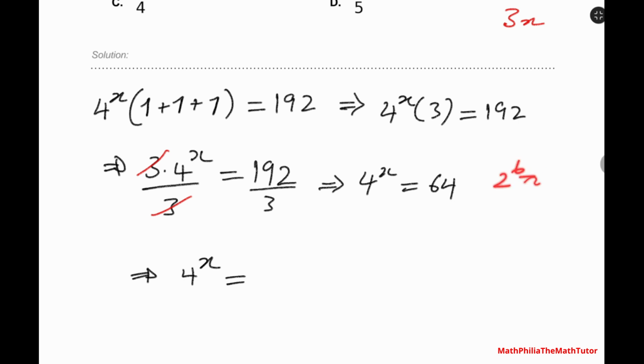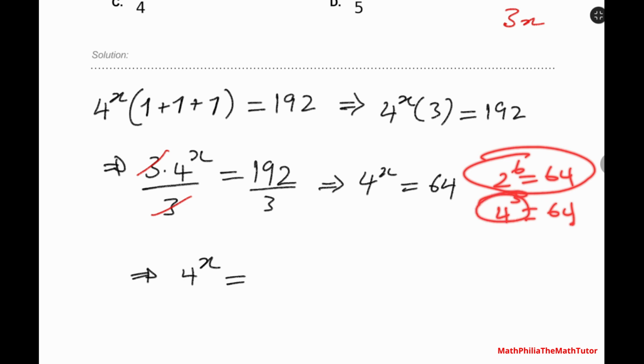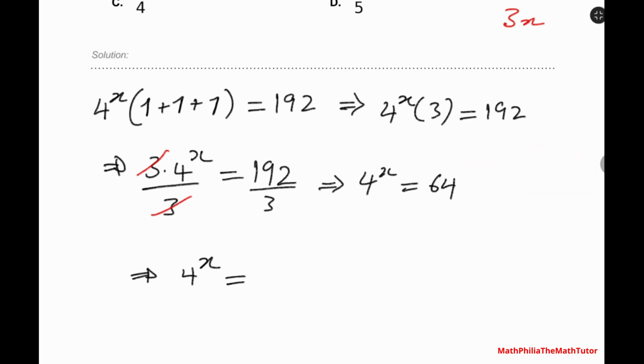So 2 raised to the power of 6 is 64. 4 raised to the power of 3 is also 64. So it doesn't matter whether you go by this or by this, you'll get the same answer. So I'm just going to use 4 because we have this base here as 4. It will be better we make this also in a base of 4. We convert to base 4.